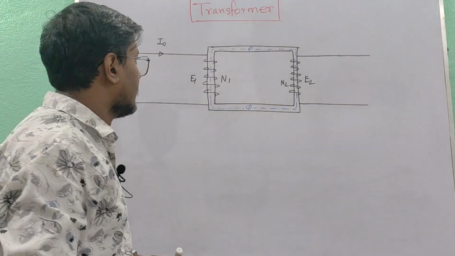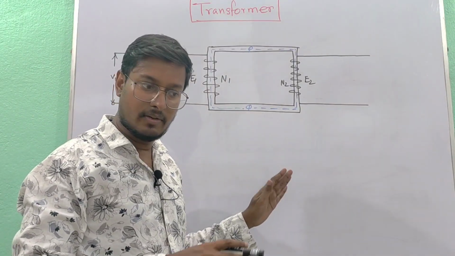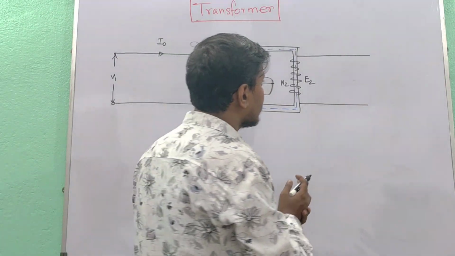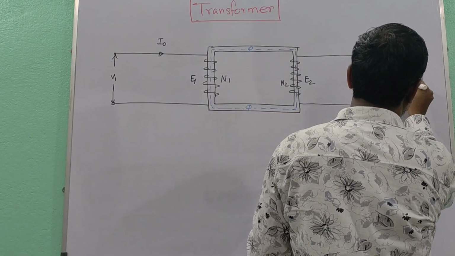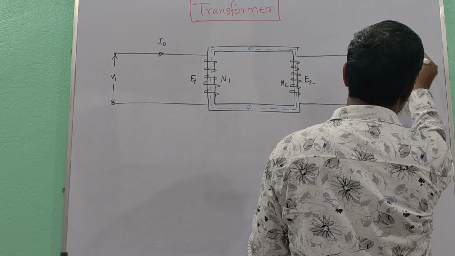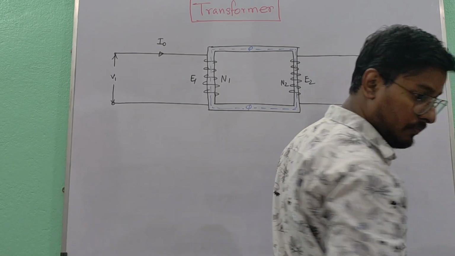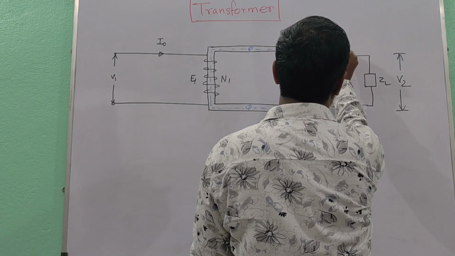Now so far we have considered the transformer in no load condition. Now let us assume that a load ZL is connected. So the terminal voltage is V2, and the secondary current is I2.